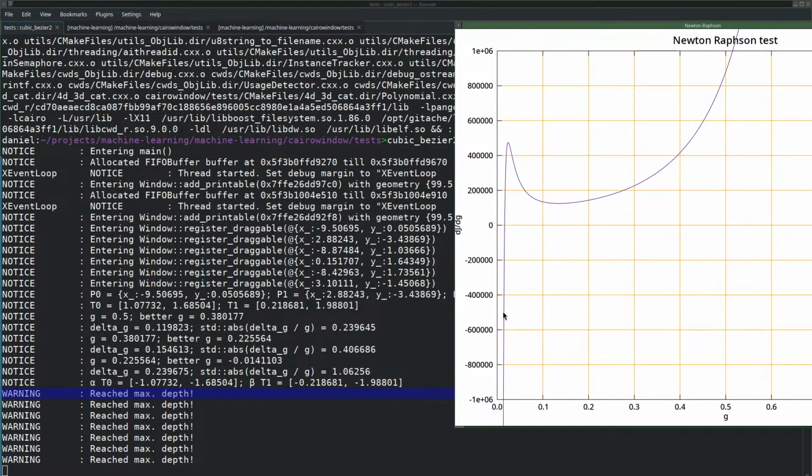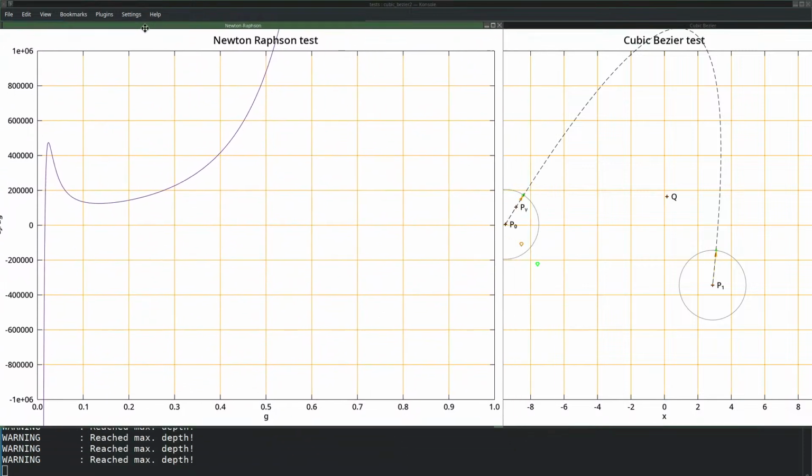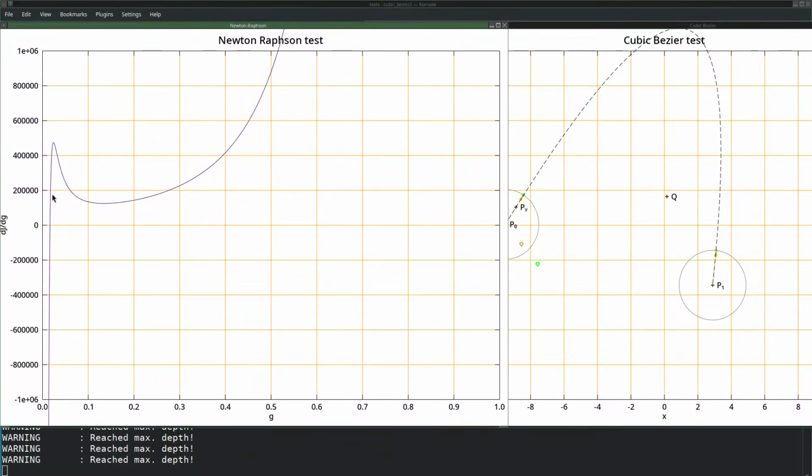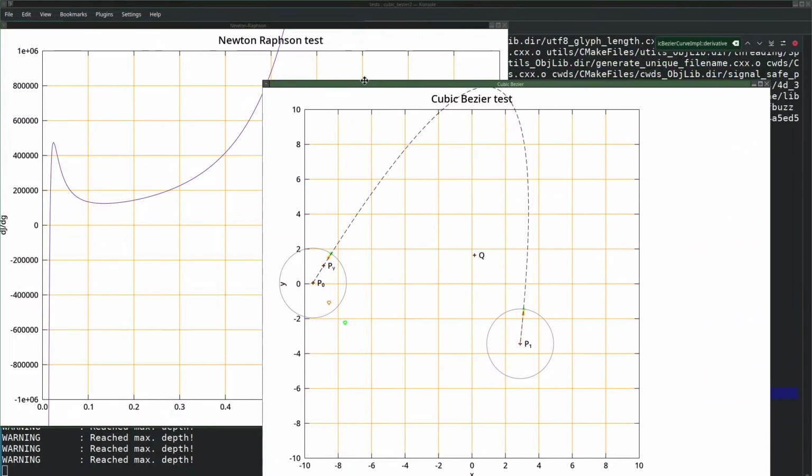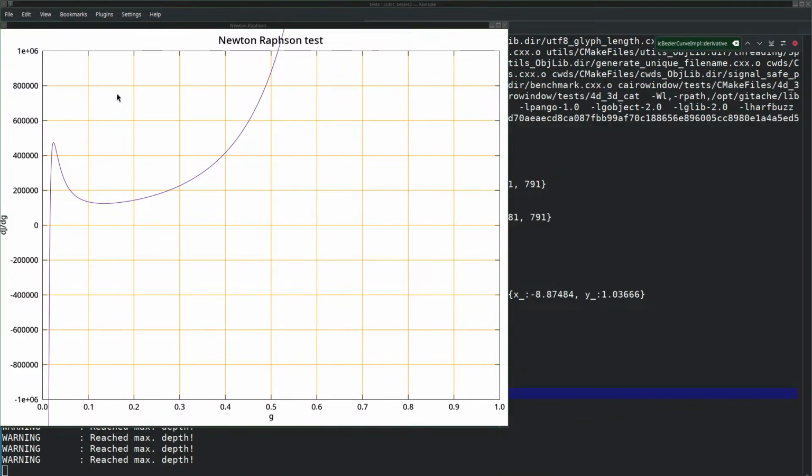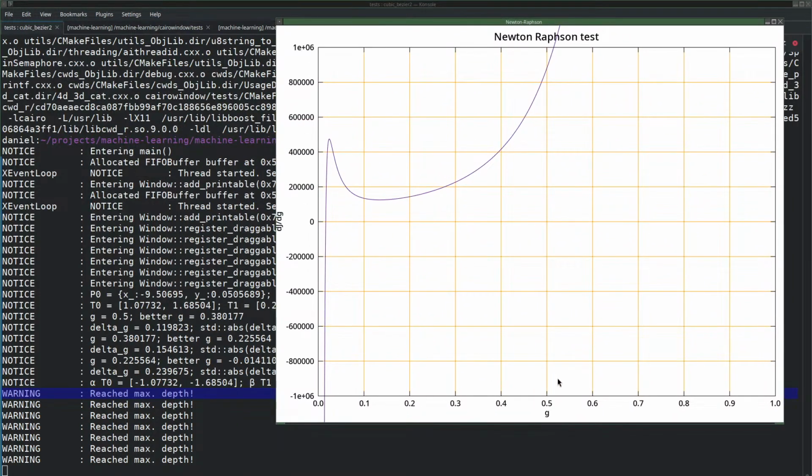So we have to figure out a method to find this 0 here. This is not really interesting anymore. You have this function, and it's a bad function, which is definitely not working for Newton-Raphson.